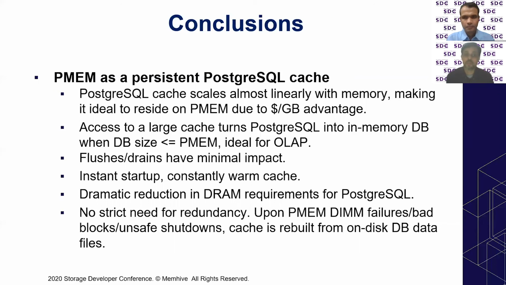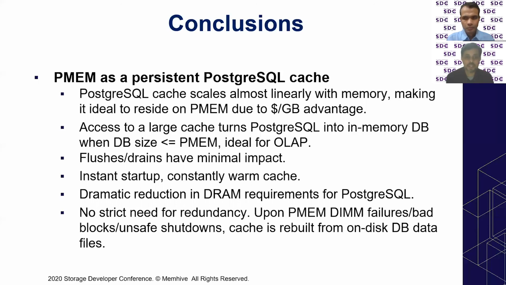One of the most important advantages of using persistent cache is that it's not just a cache which is warm, it's also persistent, right? So across reboots and restarts of Postgres, it is always going to be warm. So when you start Postgres, the queries are super fast starting from the first query.